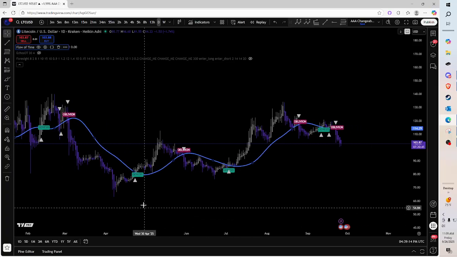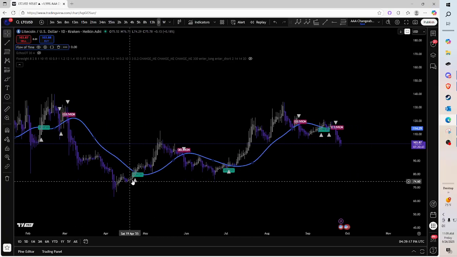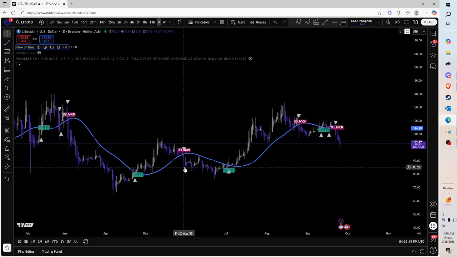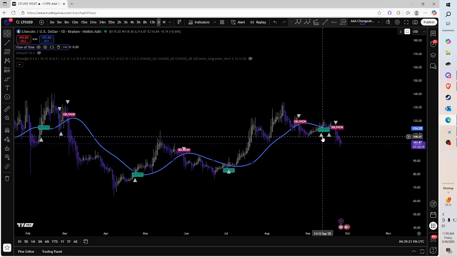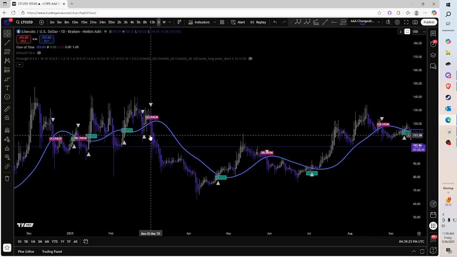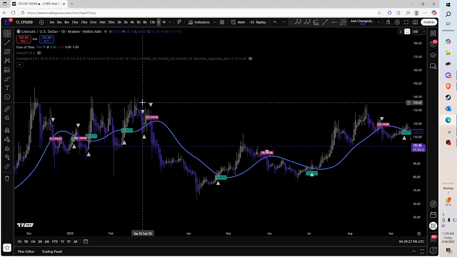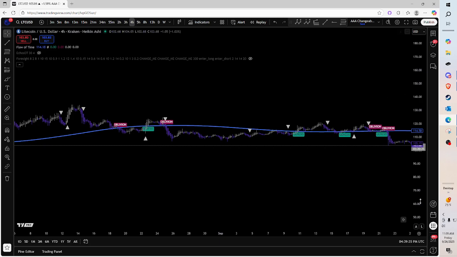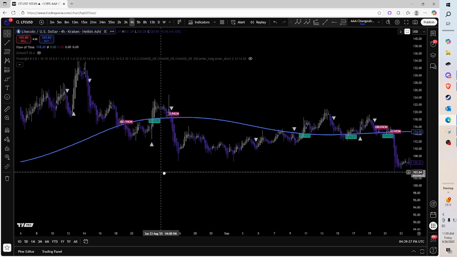So we can see these sort of changes in movement. You see these right here. So on this daily, you get this candle close right below it. And if we go back to the 4 hour, you can see how you can really watch these on the 4 hour.